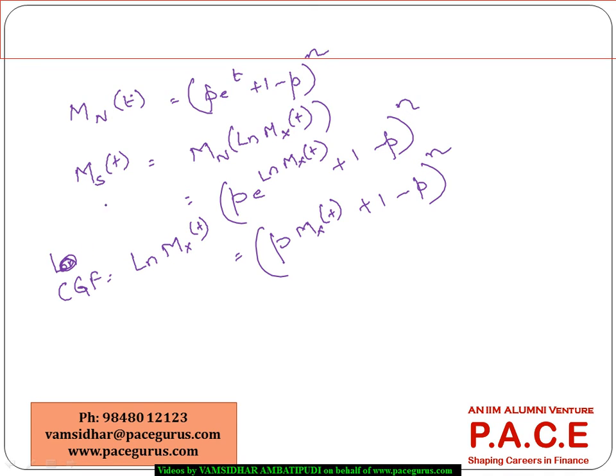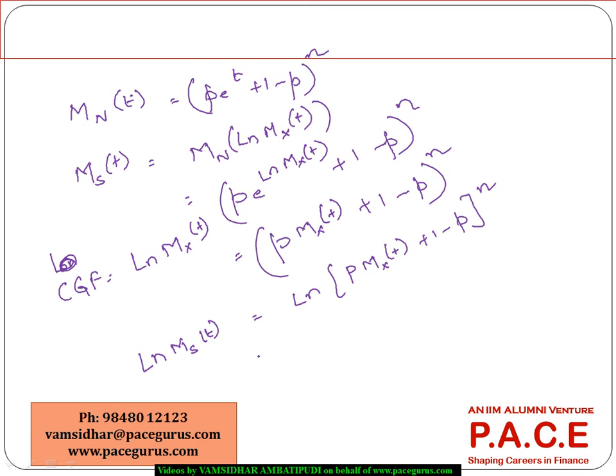Now for MS of t, I am looking at the cumulant generating function, so I'm looking at log MS(t), which is nothing but the logarithm of this entire expression, log of (p MX(t) plus 1 minus p) to the power n.